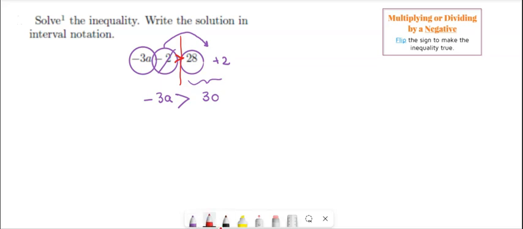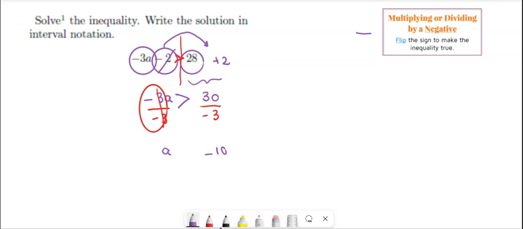Now, in order to get the a by itself, I need to divide by minus 3, so that you're going to cancel this minus 3 as well. And I do the same thing on the right side. So these two terms cancel out, it's going to be just an a, and from here you're going to get a minus 10. Students here need to pay extra attention, and the reason is that we divided by a negative number.